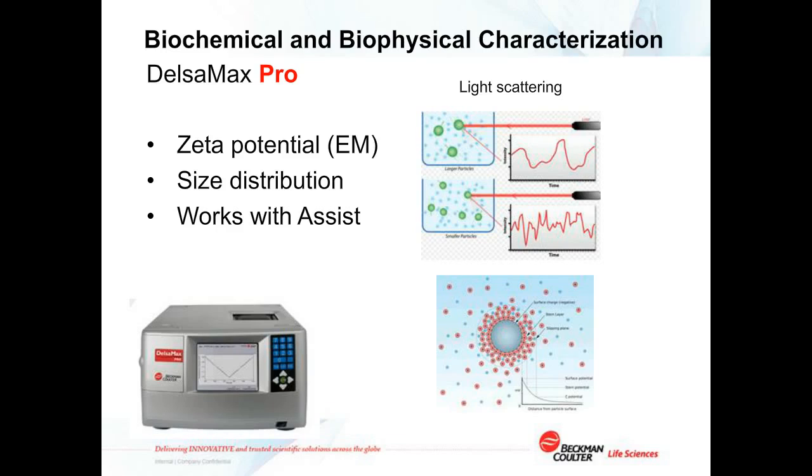Whereas the DelsiMax Pro collects the light scattering information in parallel for many detectors simultaneously, allowing you to collect the information within a few seconds, before the protein is destroyed or degraded due to the application of the electric potential.